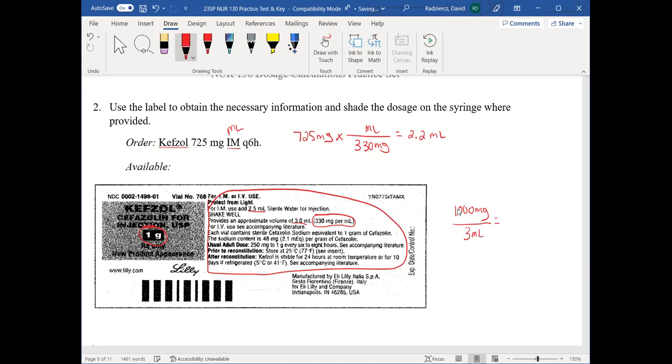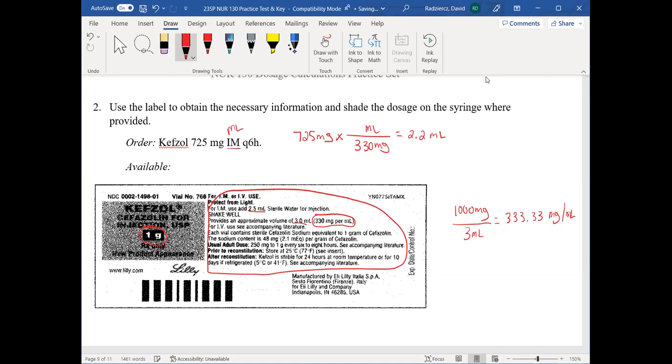Now, it's an approximate. And when you do that, you actually get 333.33 milligrams per milliliter. Notice that they made it 330 milligrams per milliliter, so even that is technically an estimate. But this is what you would do if for some reason they didn't give you the 330 milligrams per milliliter.